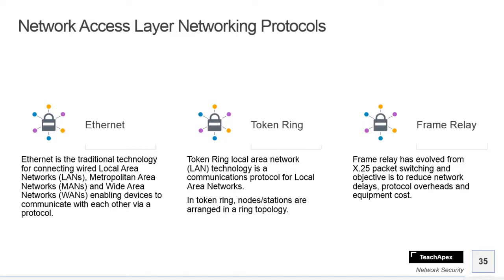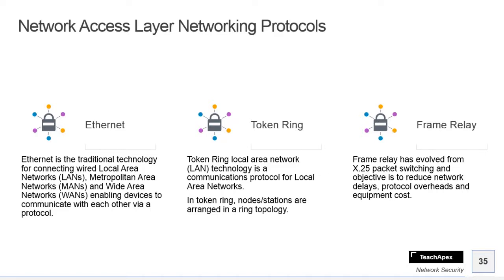That's why it's known as token ring, because here we have a token and a ring of workstations. In token ring, nodes and stations are arranged in a ring topology.